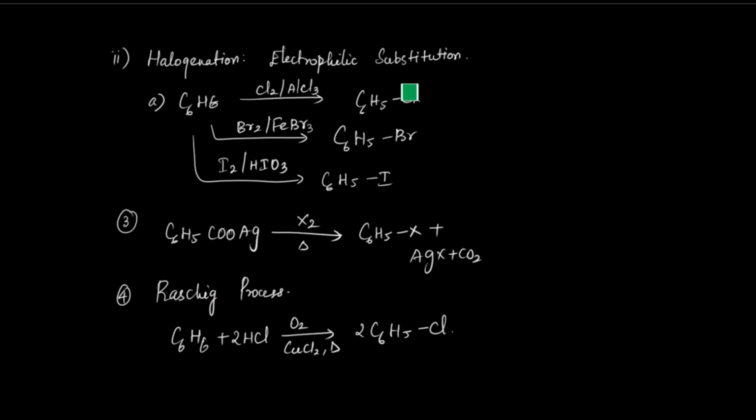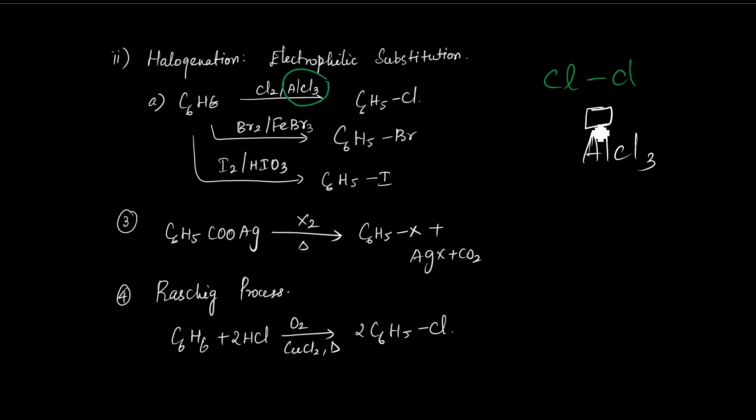Then halogenation is undergoing electrophilic substitution, as I told you. In the case of electrophilic substitution, I'm giving you one more point. AlCl3 or any Lewis acid will be used, and its role is to prepare an electrophile. In the case of Cl2, here I have AlCl3.